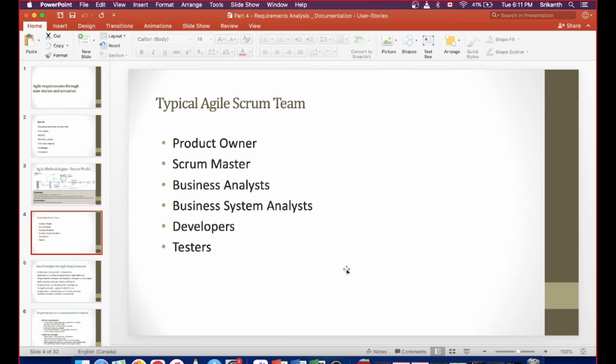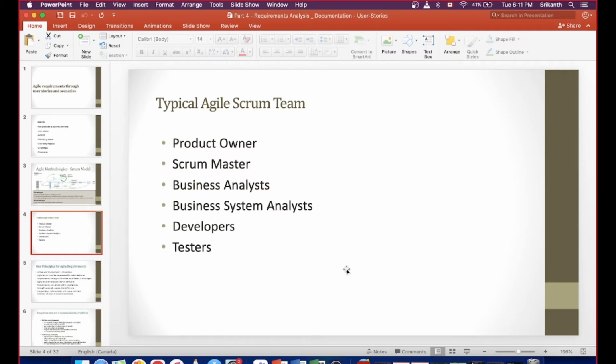So the product owner, as the name suggests, will be the sole owner of the delivered product. Let's say a company is planning to implement a software product for digital banking. They will appoint a product owner who will oversee all the development and what features need to be implemented.